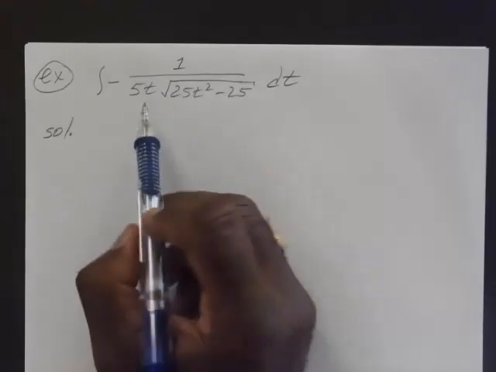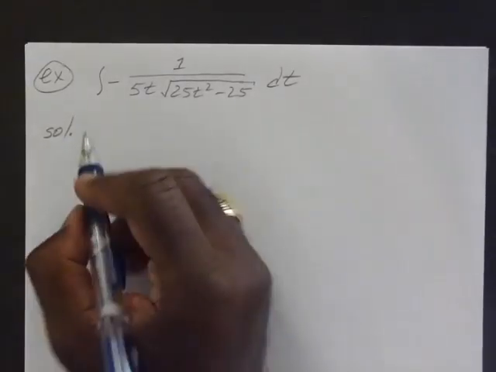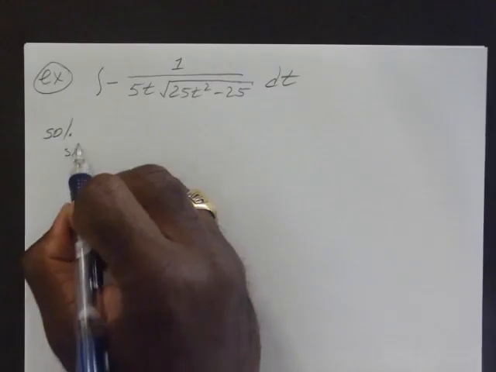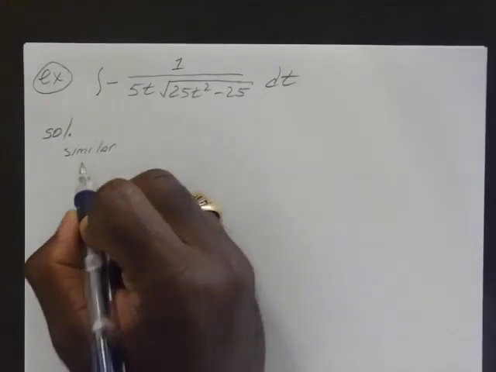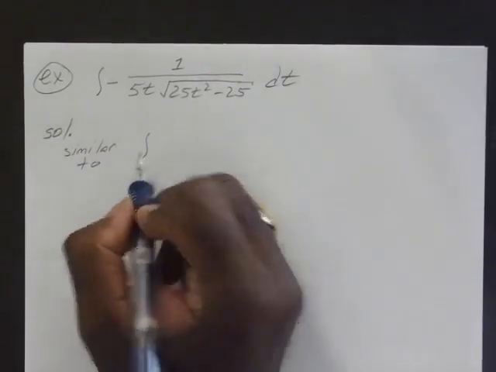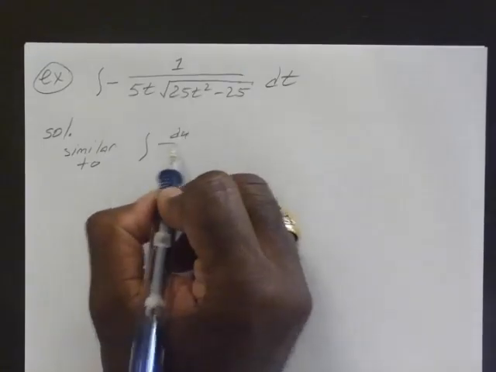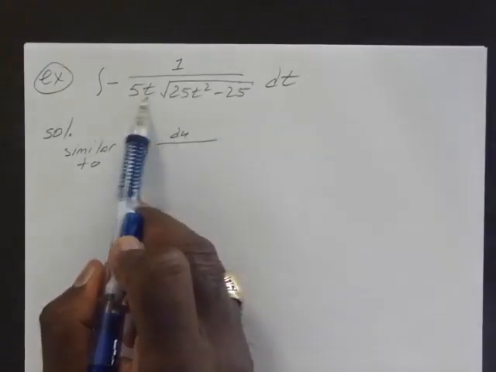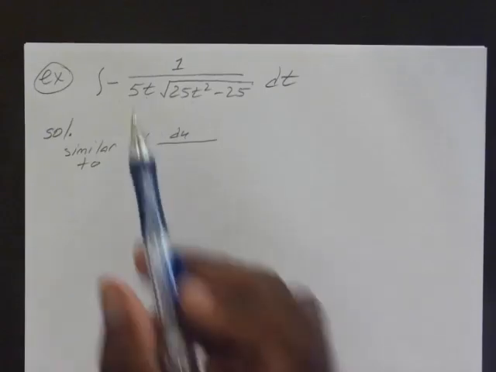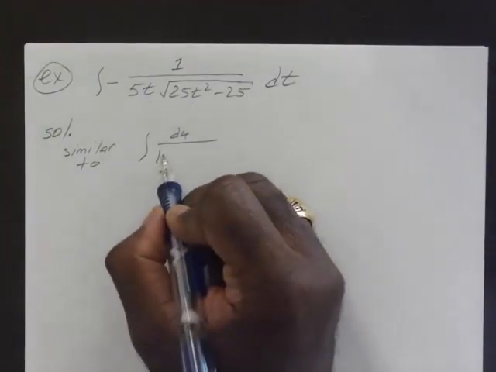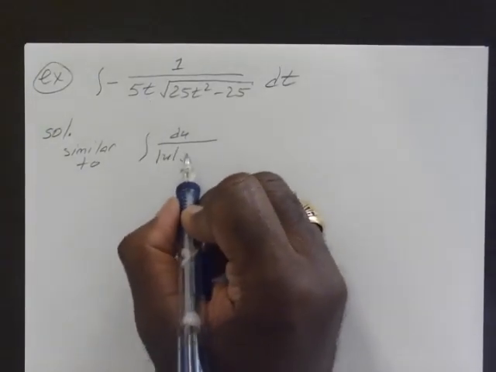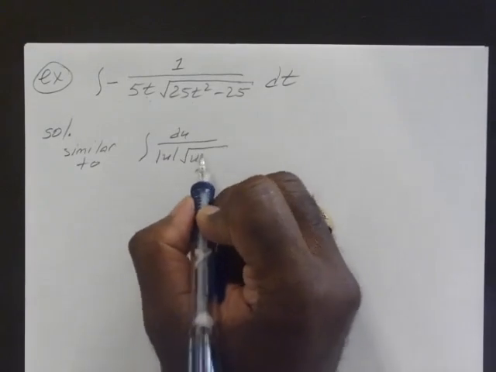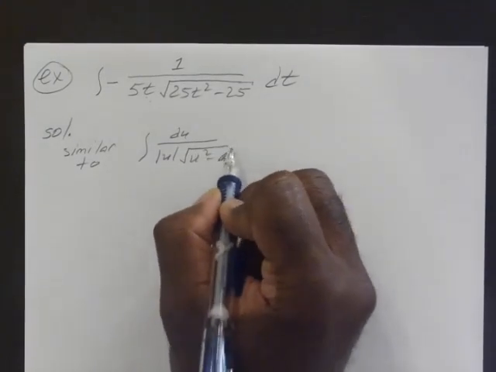Okay, so if you look at the form of this one, it's really similar to the integral of du over, and sometimes they'll have that absolute value and sometimes they won't. But either way, it's just the absolute value of u times the square root of u squared minus a squared.